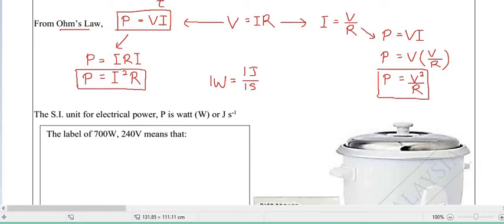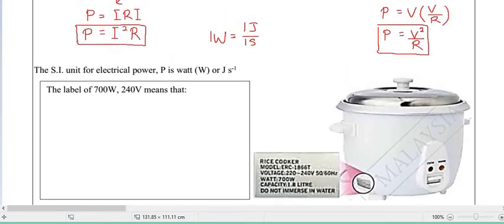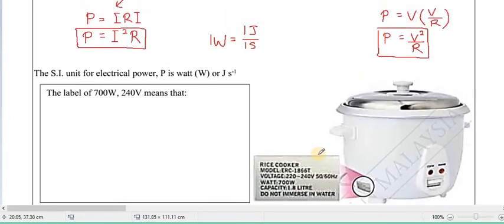Let's look at this rice cooker. Look at the label: the voltage is 220 until 240 volt. You see or not? This is what I was talking about yesterday. Electrical appliances usually have a voltage range, for example 220 until 240.